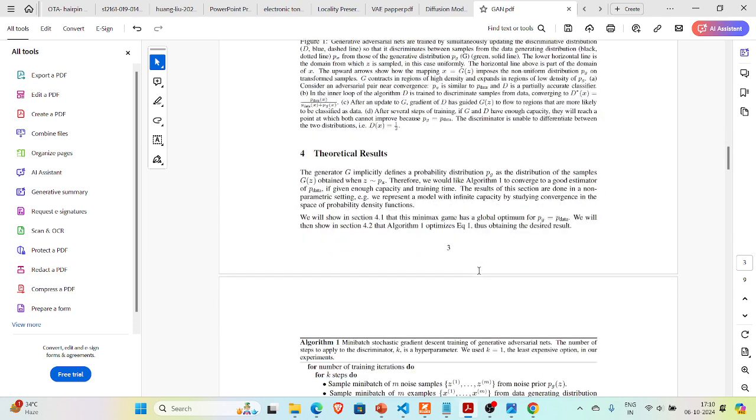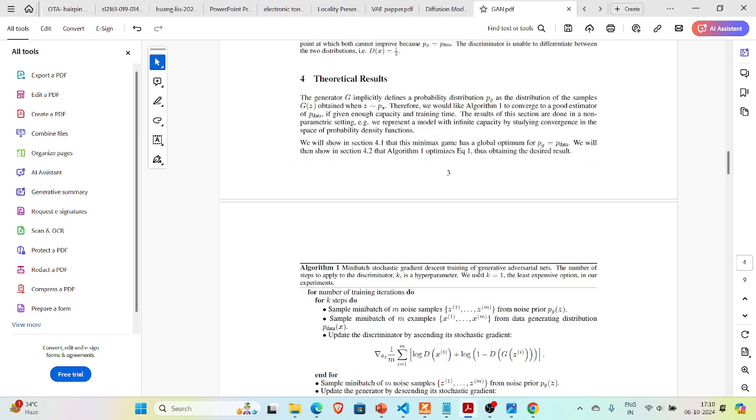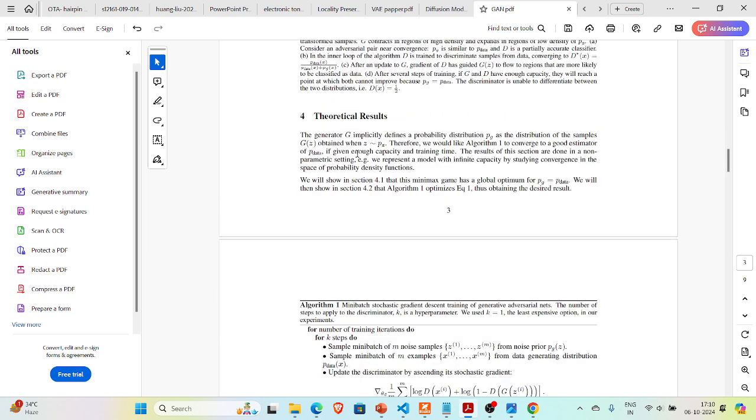Not very important here. Next, go to this. The generator G implicitly defines a probability distribution Pg as the distribution of the samples G(z), when z belongs to Pz. So we're generating distributions of z with this generator G.